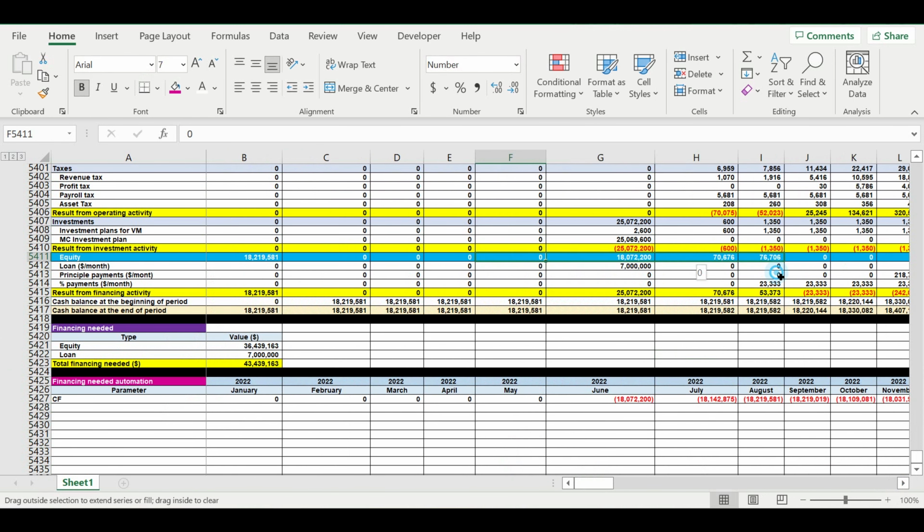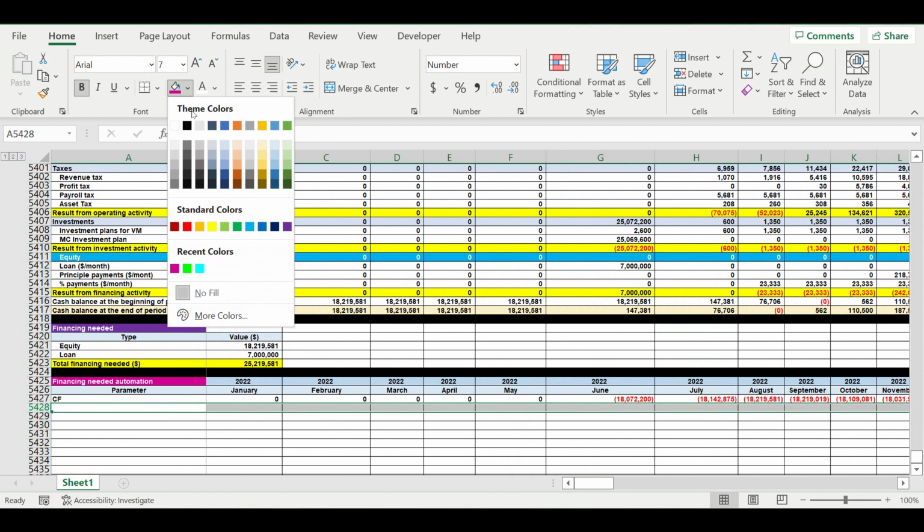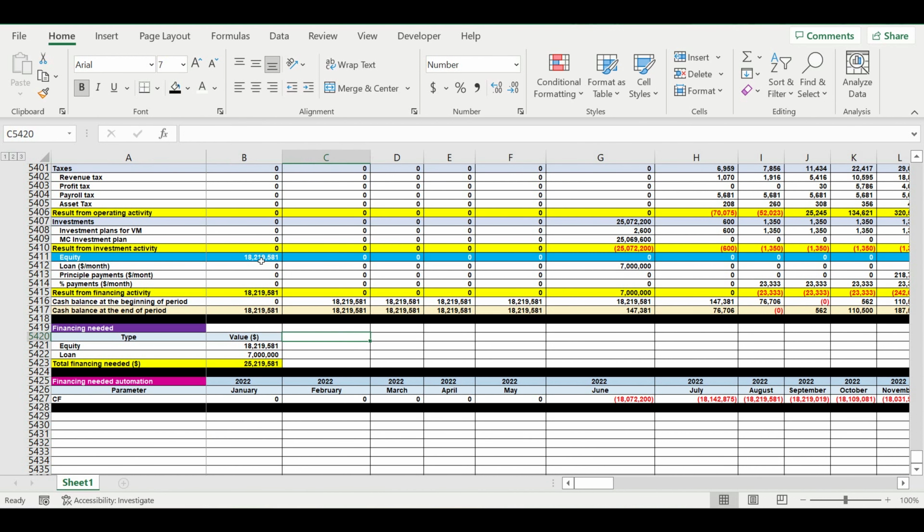And now I can use different ratios for my money, for example, and the loan, and I will always be able to see the final amount of financing that I need to start the business.